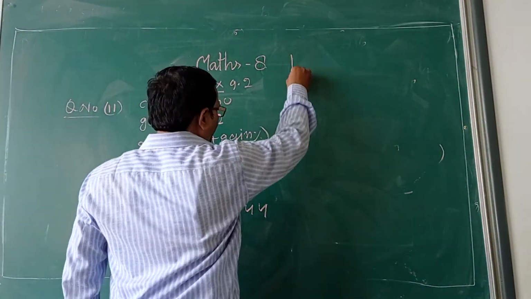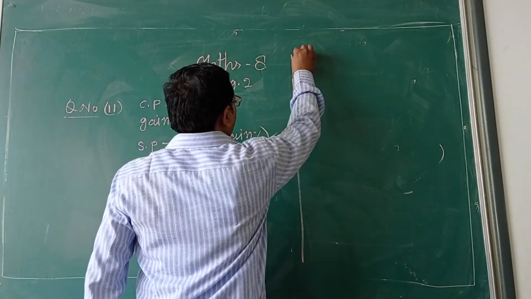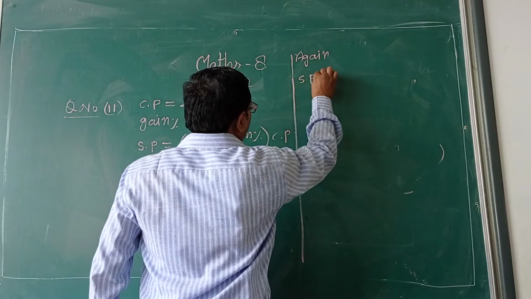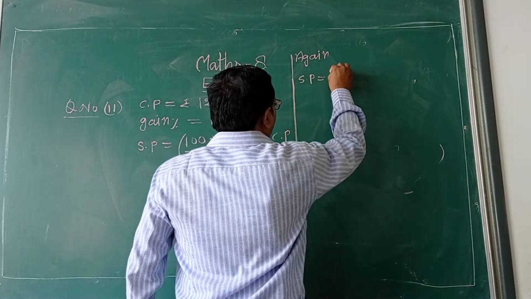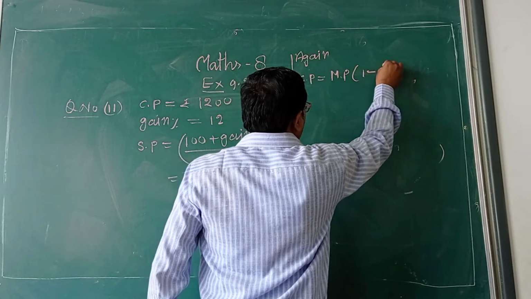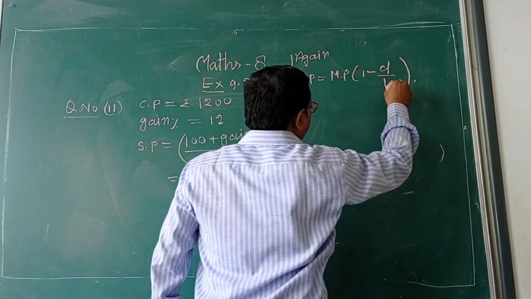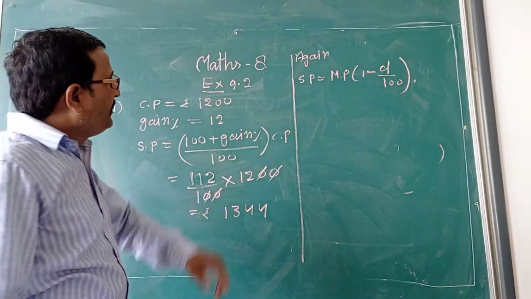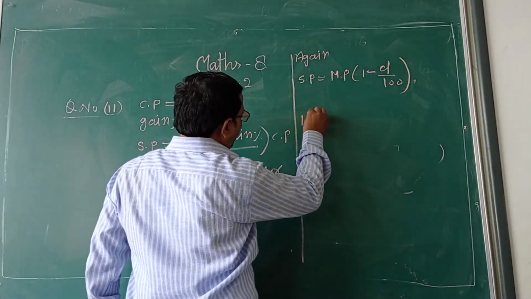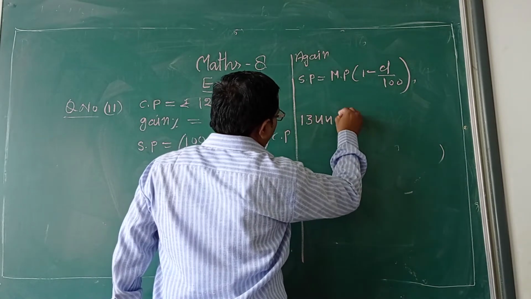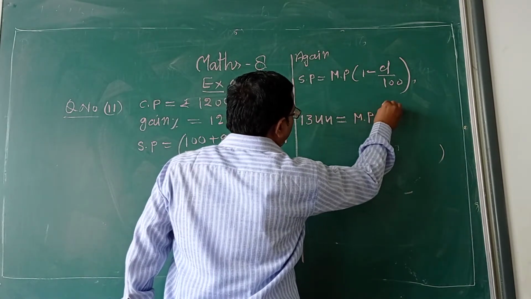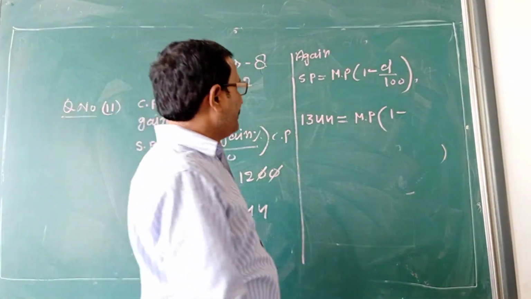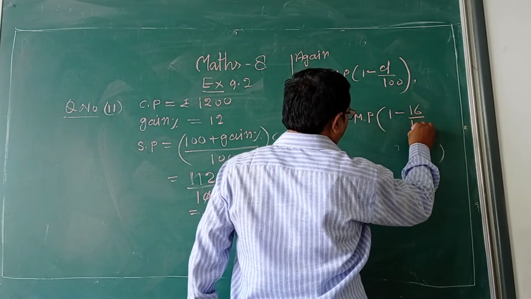Again SP is equal to marked price into 1 minus discount percent. See, SP you have already calculated: 1344 is marked price into 1 minus discount, which is given as 16 upon 100.